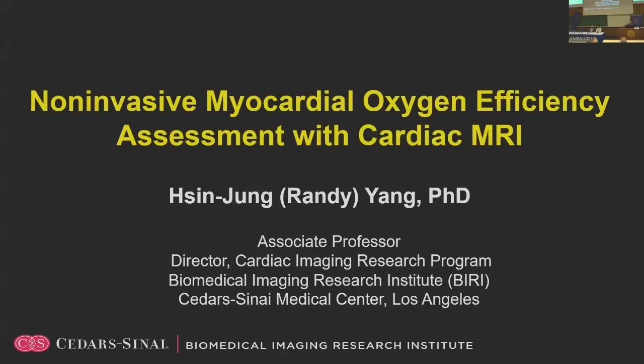In the interest of time, I will stop here, and I just want to mention that there is actual work by Randy Young in our group, who is doing this oxygen efficiency assessment with myocardial imaging and showing some interesting results.